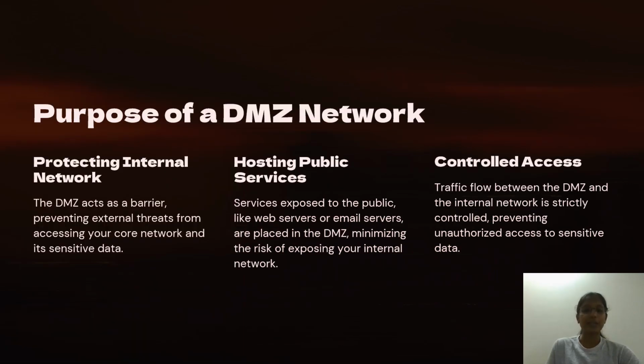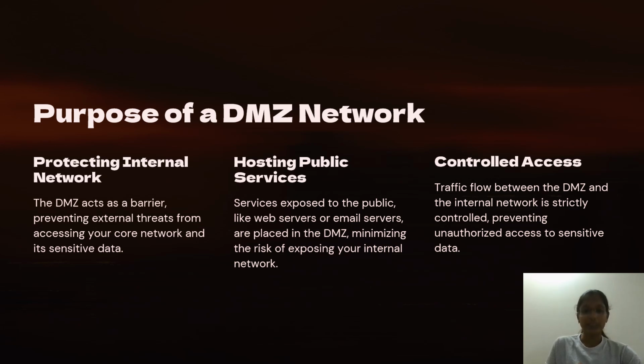Then I have the purpose of DMZ networks. We have three purposes of a DMZ network: protecting the internal network, hosting public services, and controlling access. How is the internal network protected from the outside world and threats? The DMZ acts as a barrier, preventing external threats from accessing your core network and its sensitive data.